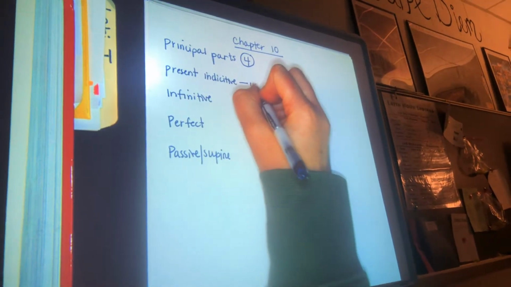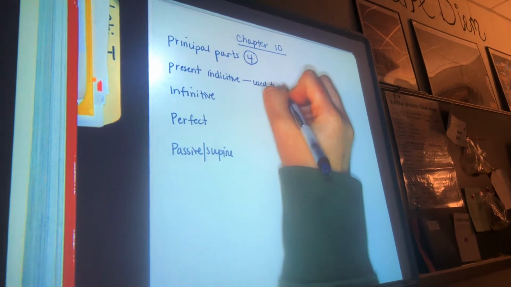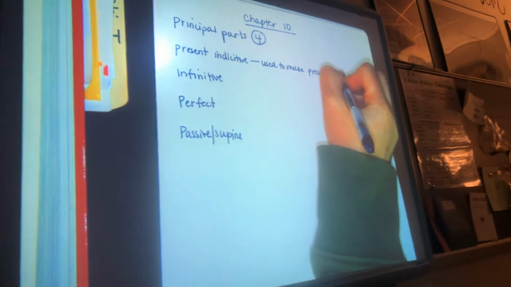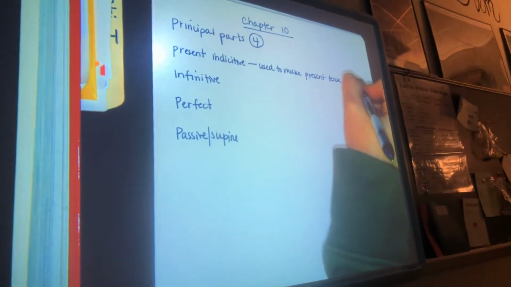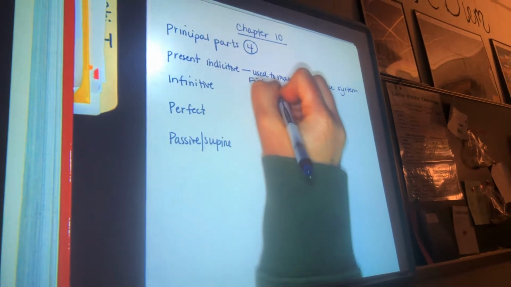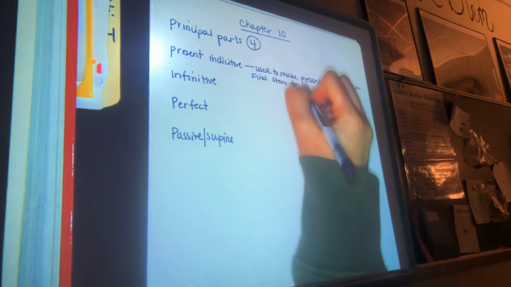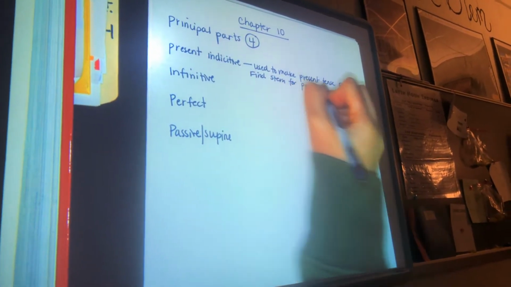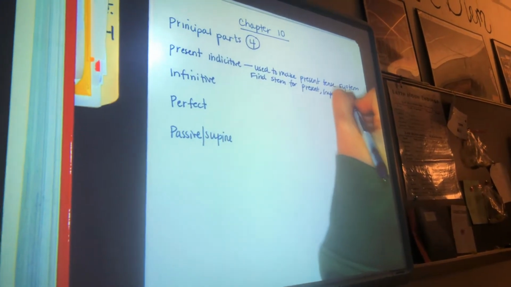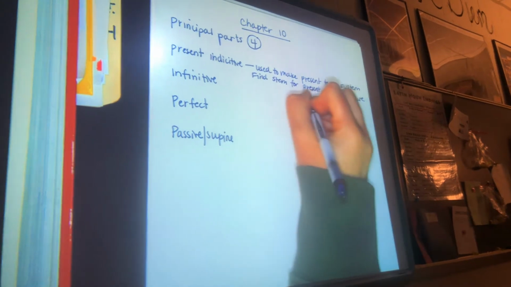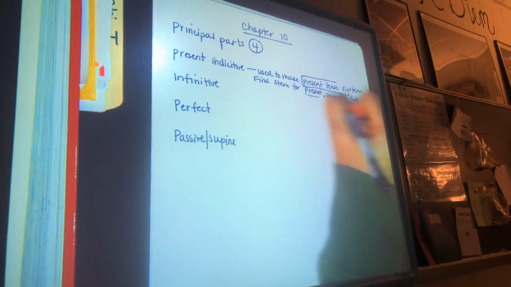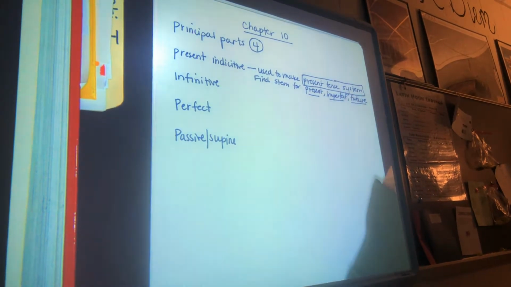It's used to make the present tense system. It's used to find the stem for the present, the imperfect, and the future. Remember, the present, the imperfect, and the future make up the present tense system, right?